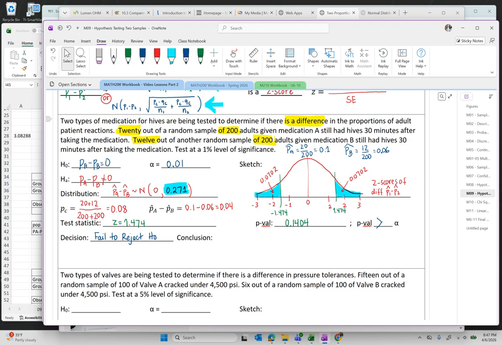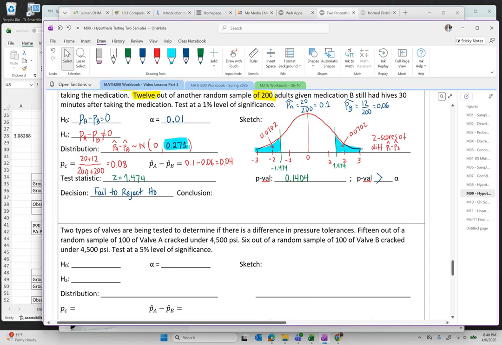And your alternative hypothesis is that there is a difference in the proportions of adult patients' reactions taking the two medications. So you can pause the video and write your conclusion, then compare your conclusion to the conclusion that you will see written after you restart the video.